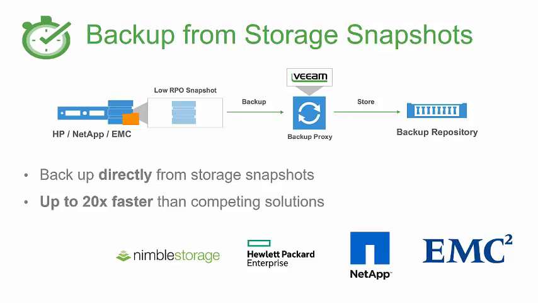So we can do a complete and full backup and recovery from a snapshot. Our proxy will write the data out to a backup repository, and we have further integration with some of these storage vendors where we can tell the array to replicate those snapshots, and then we'll run the backup at the DR site or up in the cloud. So lots of really good potential here for a very creative, very fast, very low impact backup.